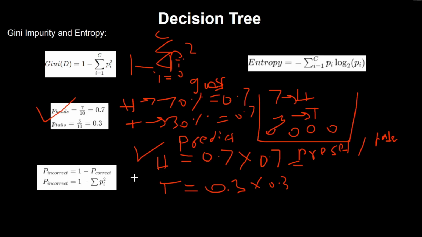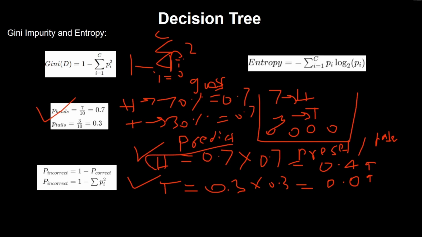This is the probability that the data which is present and the data which you predict are both the same, which is a correct prediction. So it would be 0.49 and 0.09. If we add them together, we get the probability of getting the whole prediction correct.